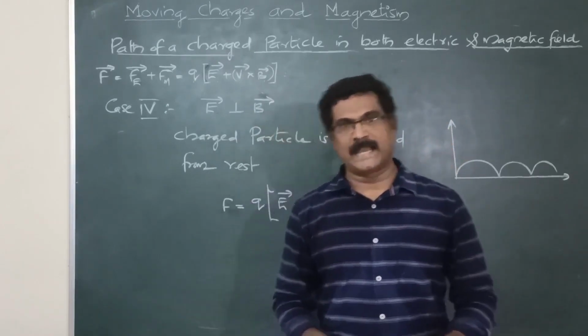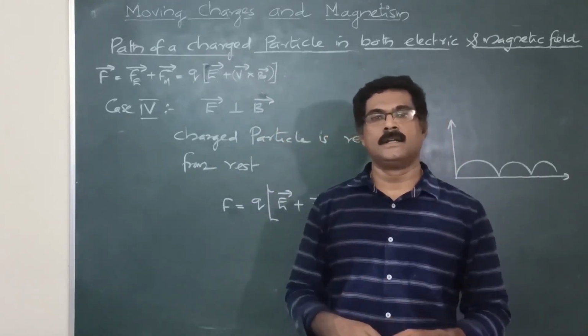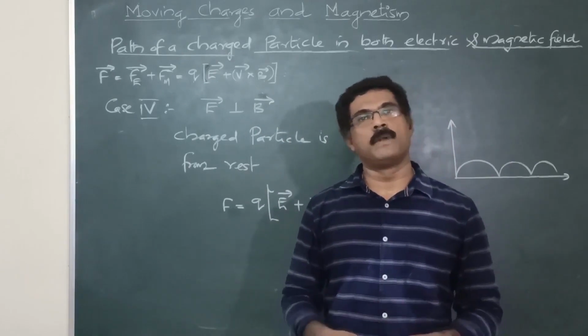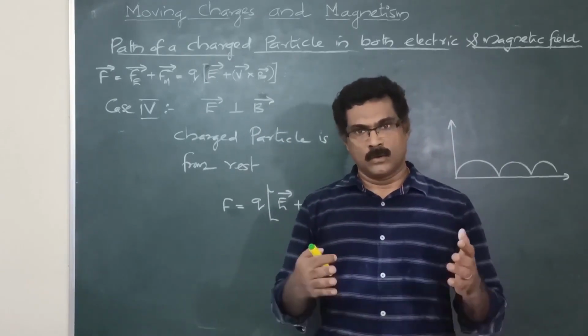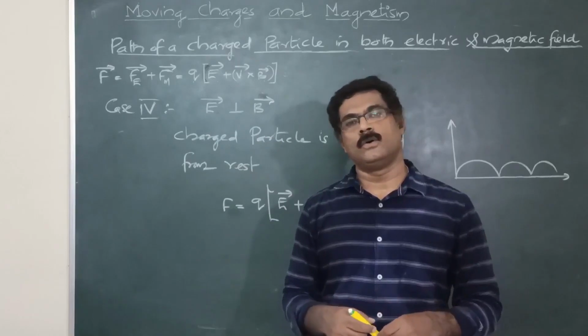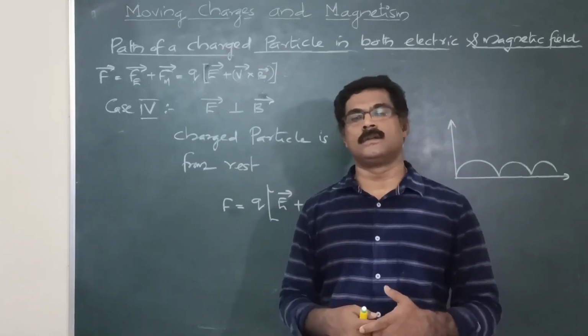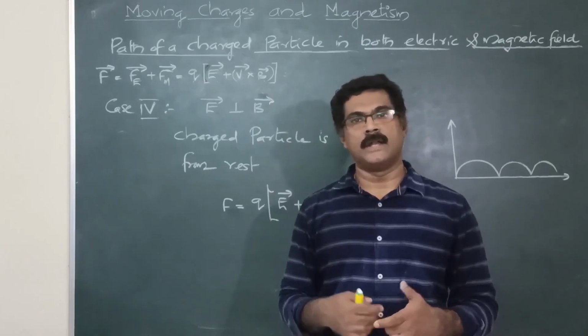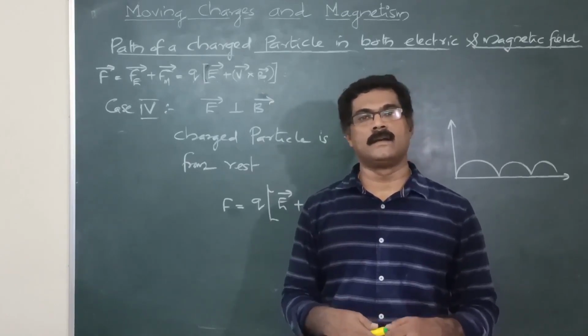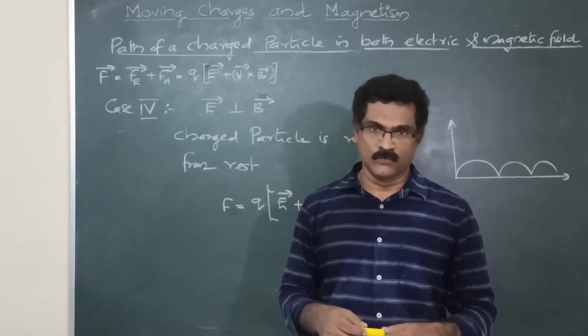Okay, in the next session, I wish to explain the Biot-Savart law, its applications, Ampere's circuital theorem, and the force acting on a current carrying conductor placed in a magnetic field.